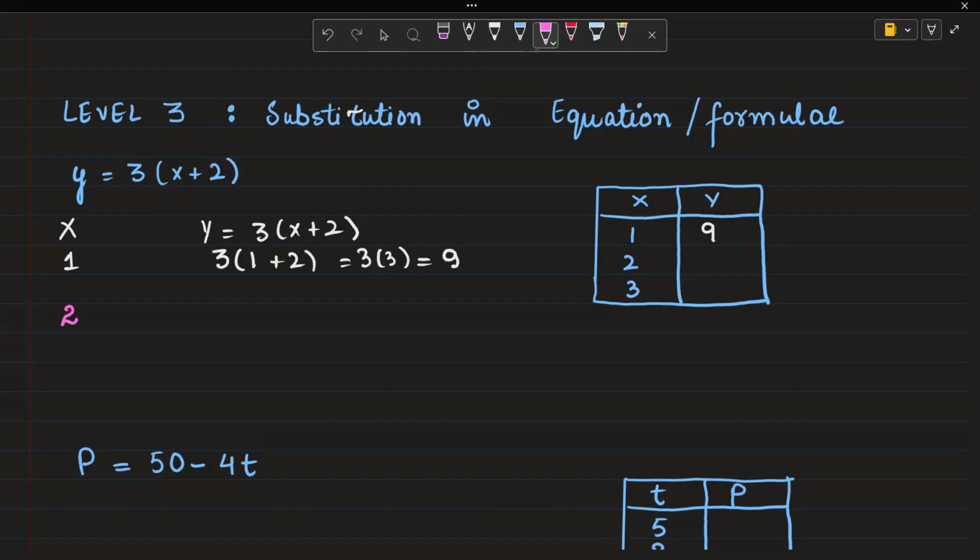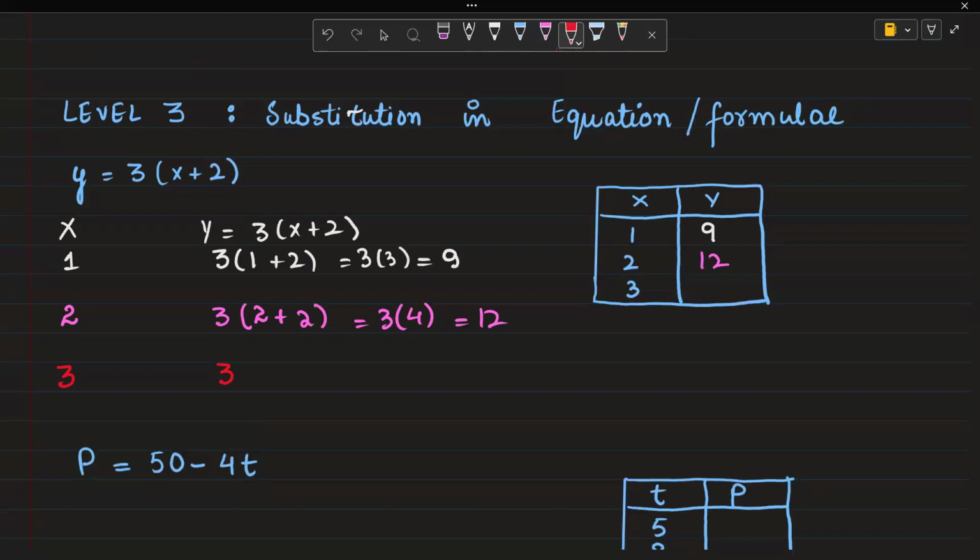So at x equals 1, my y is 9. Now let's take 2. So I'll take 3 times, instead of x I write 2, plus 2, equals 3 times 4, which is equal to 12. So when x is 2, my y is 12. Let's take 3.